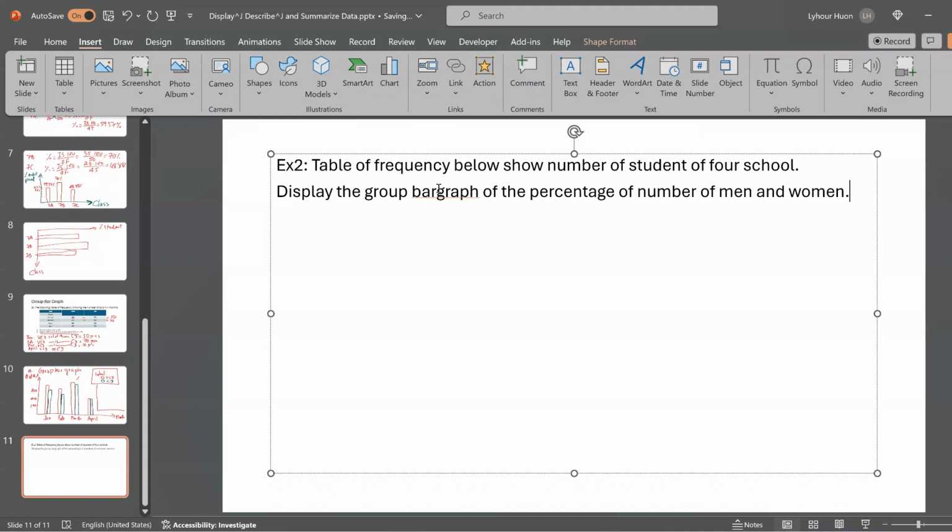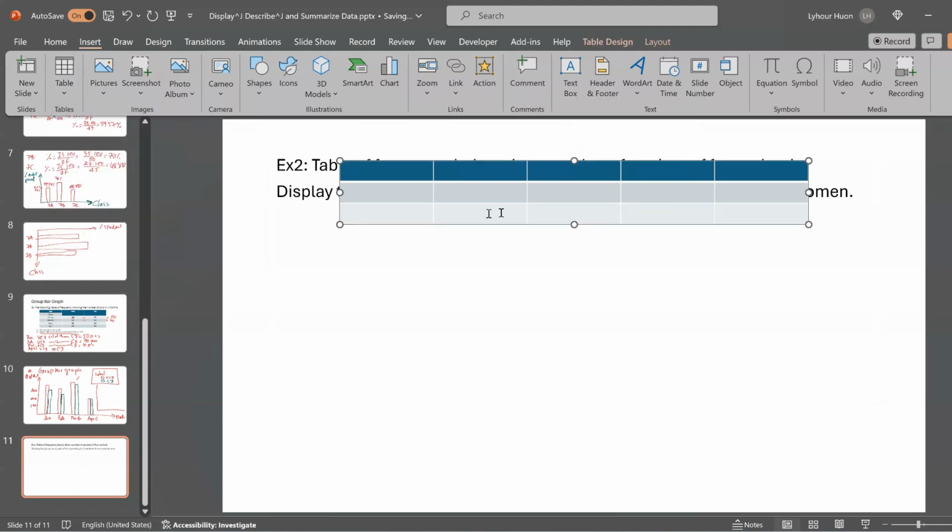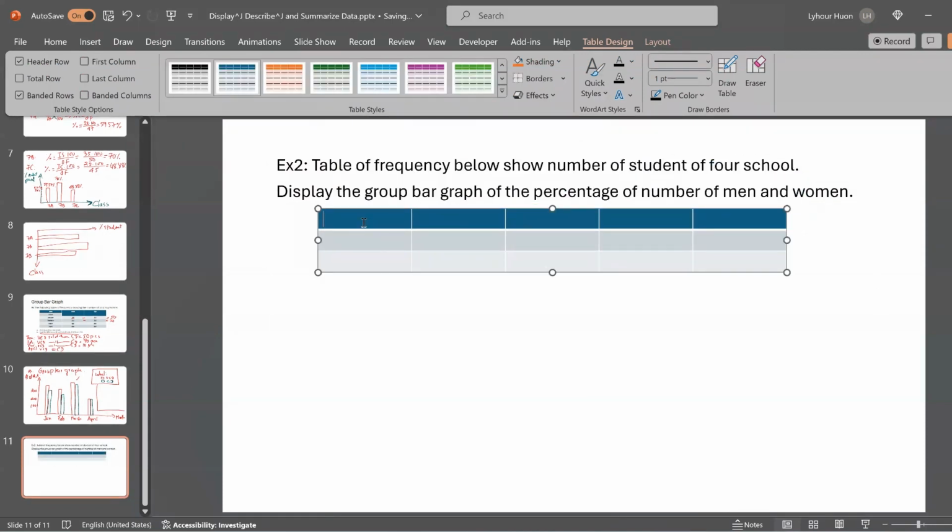Okay. Here they want to show it as a percentage while they give the numbers. Let's say the names of the schools are school A, school B, school C, and this is the number of boys and girls.